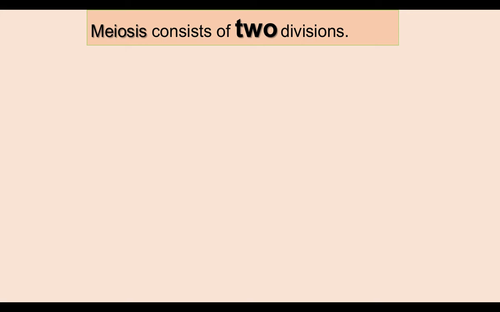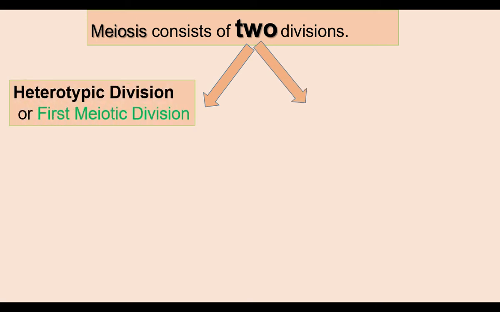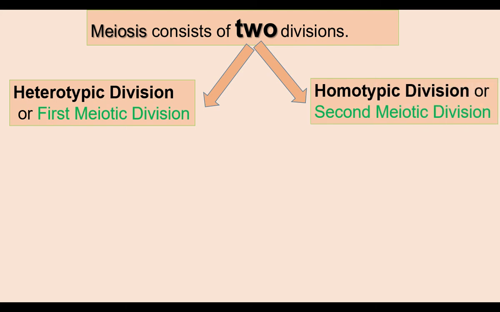Meiosis consists of two continuous divisions. The first one is heterotypic division or meiosis 1. The second one is homotypic division or meiosis 2.